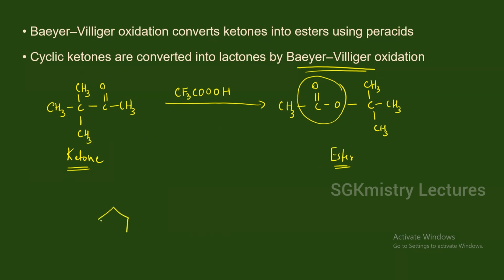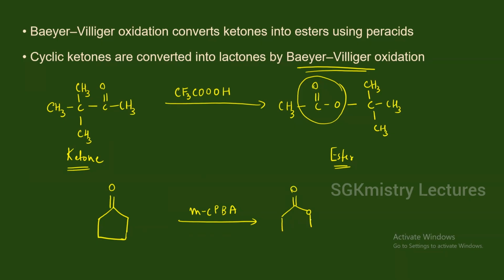So we have the cyclic ketones. Let me take cyclopentanone, again in the presence of metachloroperbenzoic acid. Again, it is nothing but a peracid. So you get a lactone. One oxygen will be inserted into the ring. First it was a 5-membered ring.